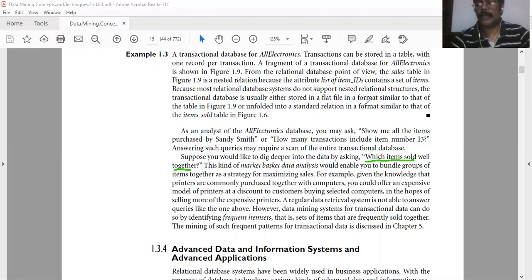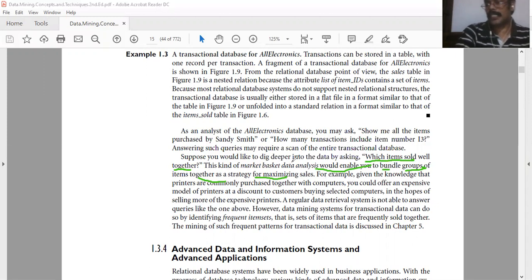It would enable you to bundle groups of items together as a strategy for maximizing sales.